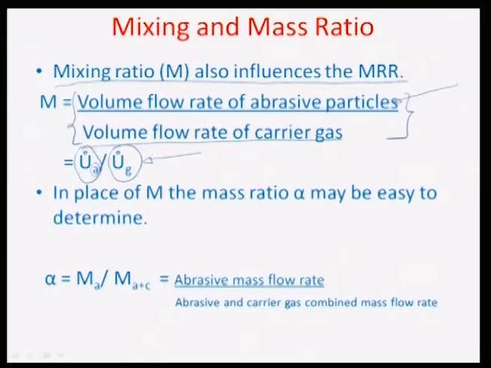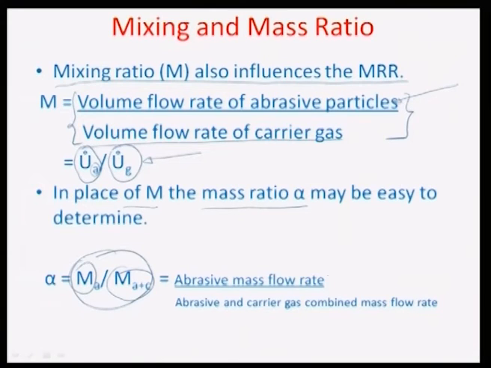In place of the mixing ratio, there is another parameter called the mass ratio alpha, which may sometimes be easier to determine, and it is given by the mass of the abrasive to the mass of the abrasive and carrier gas together.